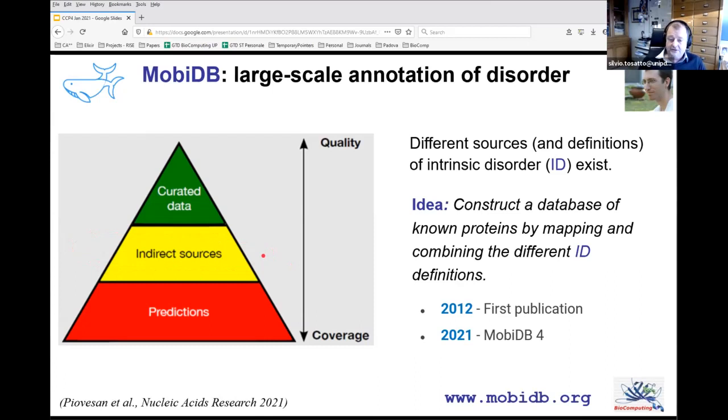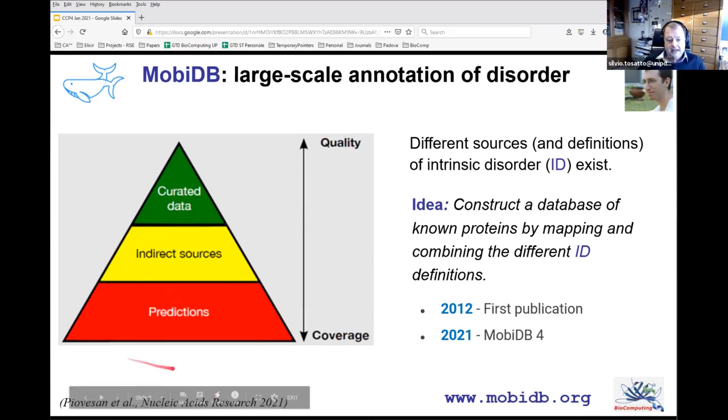I will not go into the whole discussion of what is the true disorder and what only has features which are similar to a disorder, because that can be a lengthy discussion. And in this sense, MobiDB is agnostic to the various definitions. It just presents the various information one alongside the other. And these indirect sources, you can think of them as being available for over 30,000 proteins nowadays, mostly from the protein data bank.